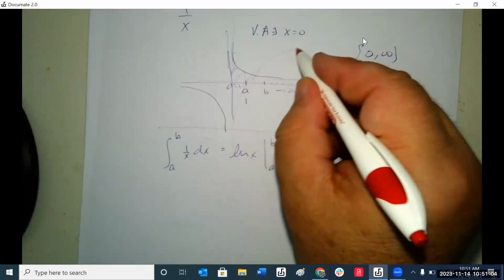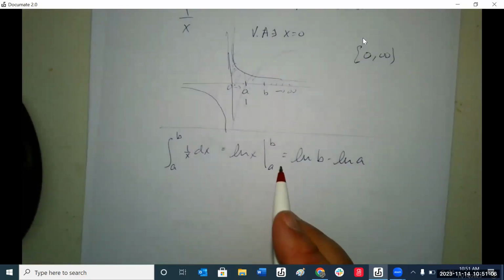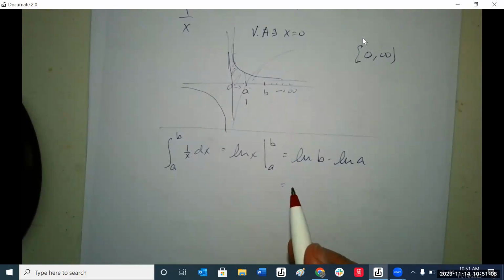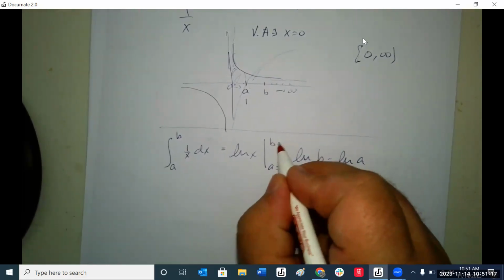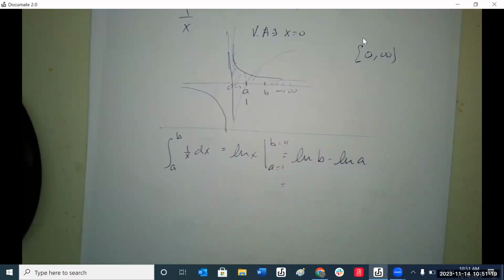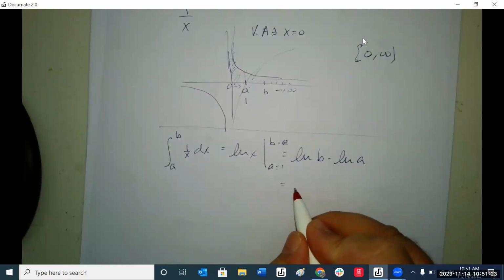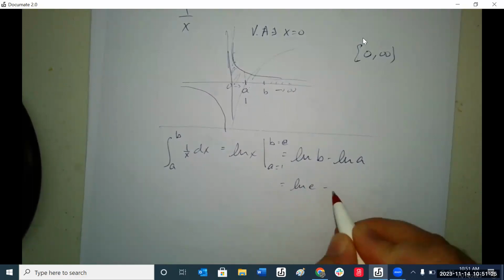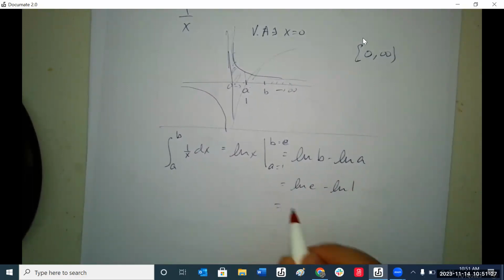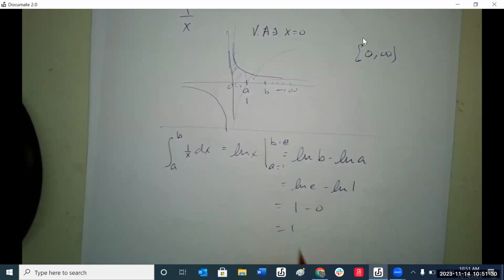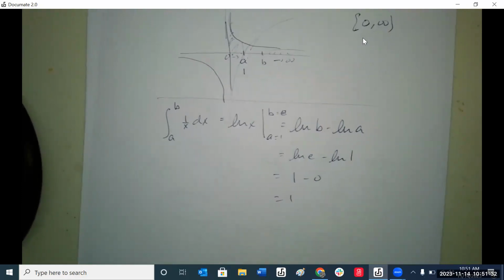The ln function looks like this. So we can't have 1 be 0. Let's go from 1 to 4, or 1 to E, makes it easier. So ln E minus ln 1. So that's what the function would be.